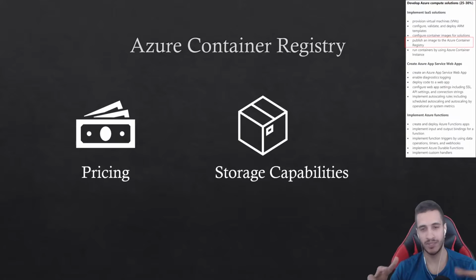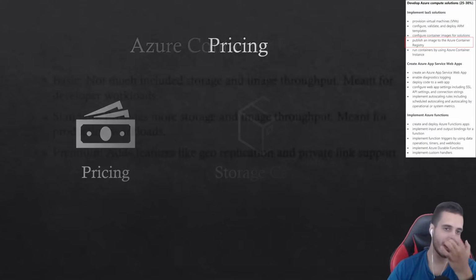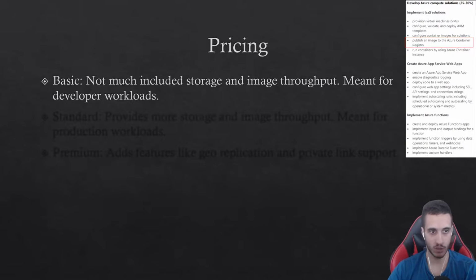Now, under Azure Container Registry resources, for the purposes of this exam, you need to concern yourself with two things. Firstly, the pricing tier and just the storage capabilities of Azure Container Registry. Now, we have a couple of different pricing tiers. The first one is the basic pricing tier, and here you don't have a lot of included storage and image throughput.